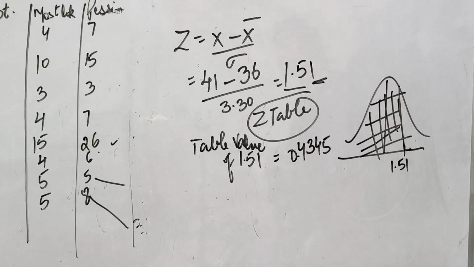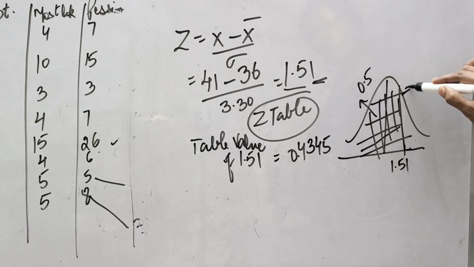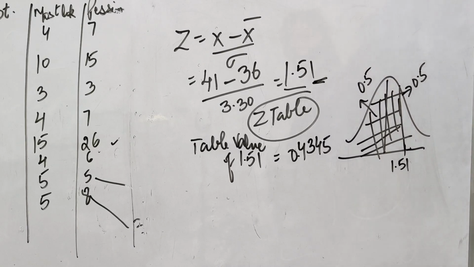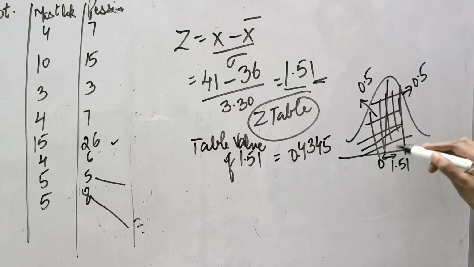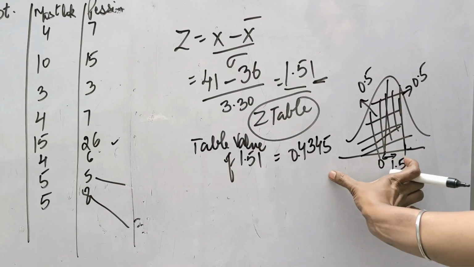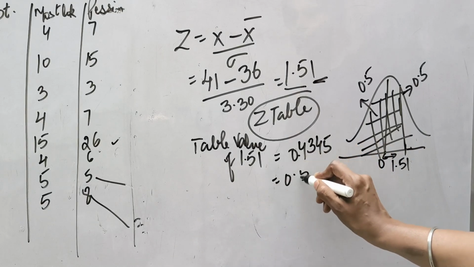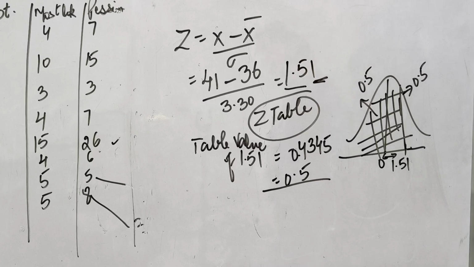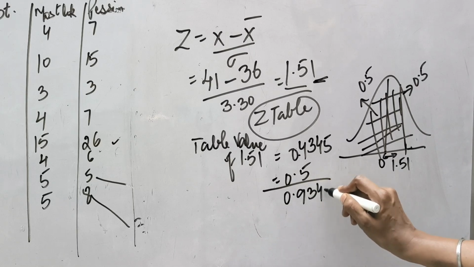We all know that the area under the normal distribution curve is 1. On the left-hand side it is 0.5 and on the right-hand side it is 0.5. The value from the table shows the value from 0 to Z for this portion. But we require the value for this entire portion. So what we will do is add 0.5 to it to calculate the probability that the project will be completed in 41 weeks.